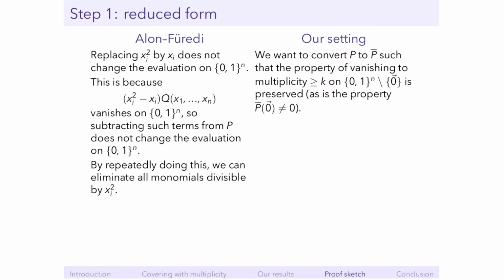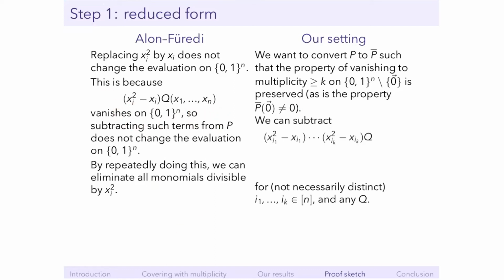And so we can come up with the same sort of gadgets, similar to what's going on here, in order to do this reduction. So for instance, if I subtract anything of this form, where I pick not necessarily distinct indices i1 up through ik, and I subtract (xi1 squared minus xi1) dot dot dot (xik squared minus xik) times any polynomial q, from my p, then I won't change either of these properties.